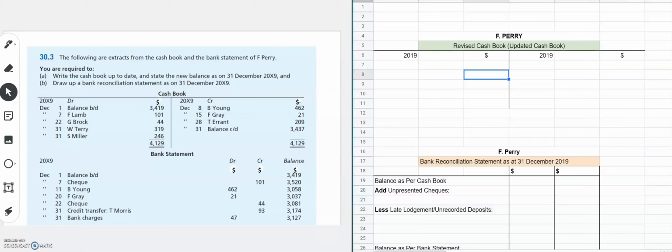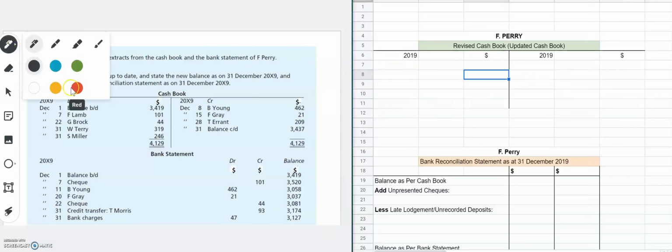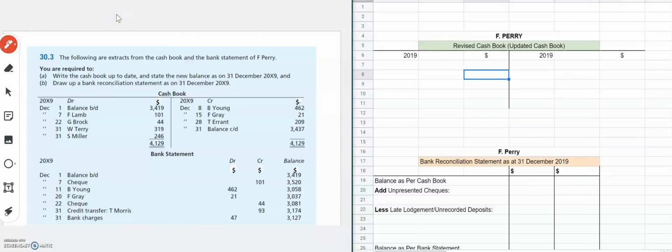Step 1. We need to highlight the differences or the similarities between the two statements, between the cash book and the bank statement. So what I am going to do firstly is tick those items that are similar to both statements.